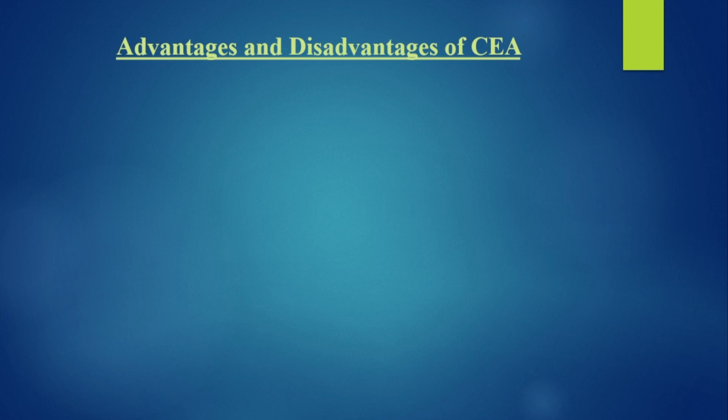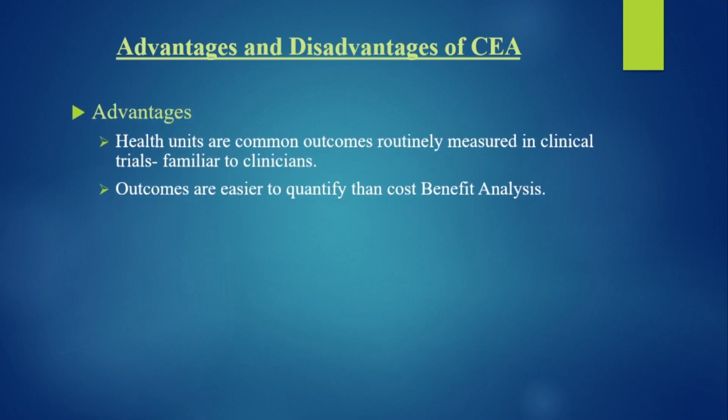What are the advantages and disadvantages of cost effectiveness analysis? The advantages: first, health units are common outcomes routinely measured in clinical trials, familiar to clinicians. Secondly, outcomes are easier to quantify than in cost benefit analysis.